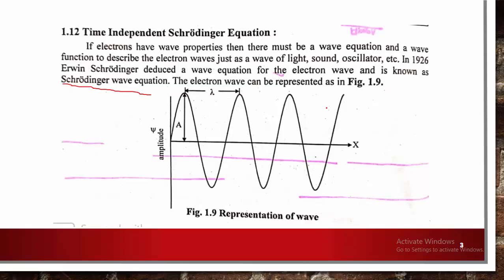The electron wave can be represented as shown here: on the y-axis amplitude is taken, on the x-axis there is propagation, and this is the representation of a wave, with maximum and minimum curves. The distance between two successive amplitudes is denoted by lambda, the wavelength.